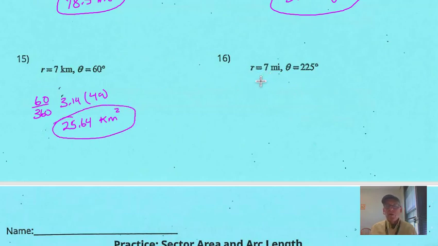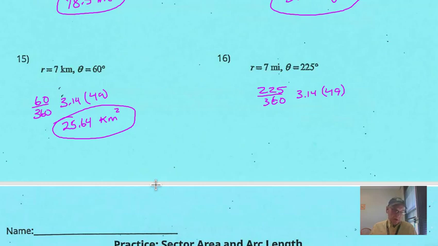Last one on this page, radius is 7, theta is 225, so we have 225 over 360 times the area, which is pi times r squared.